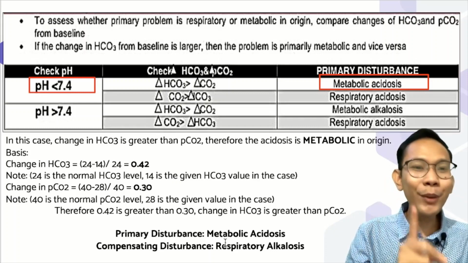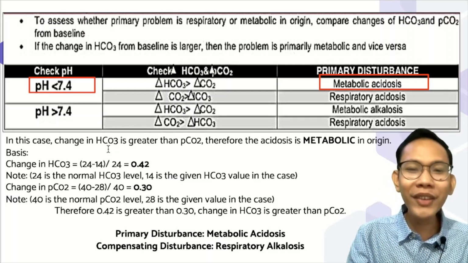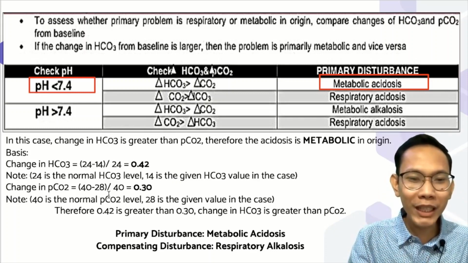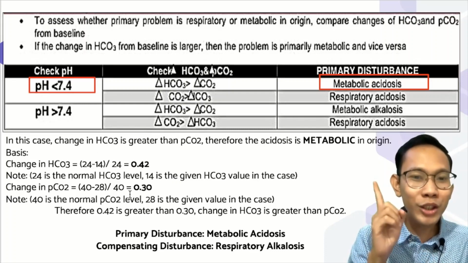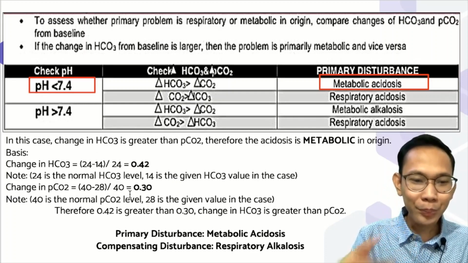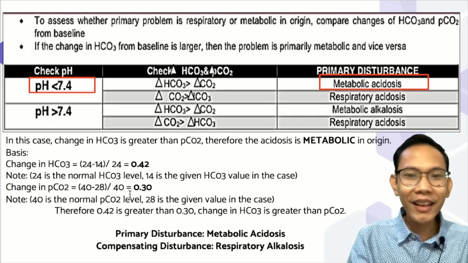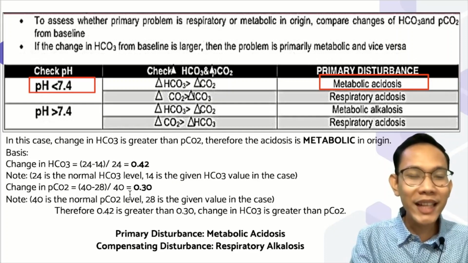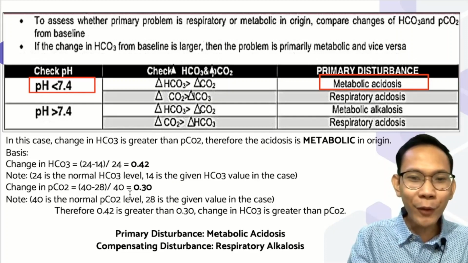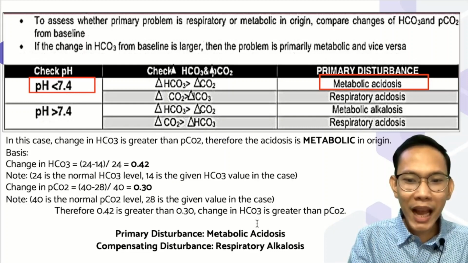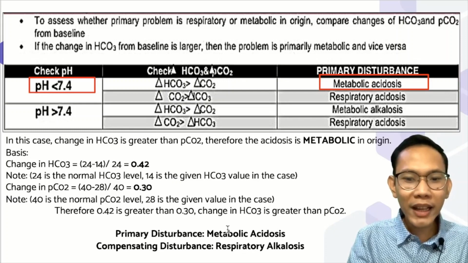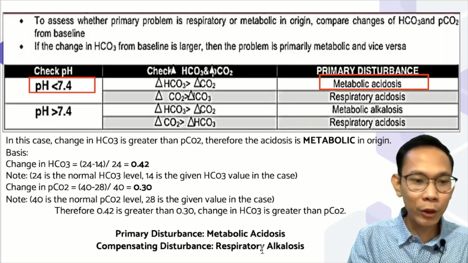Again, yung tip ko, no, you don't have to compute this one. Very simple lang yung tip ko, yung sinabi ko kanina. All you have to do is check step 1. Sa step 1 natin, ano ang step 1 natin? It's acidosis. So therefore, ang primary disturbance natin should be acidosis. So it's your metabolic acidosis. And yung natira is your compensating respiratory alkalosis.